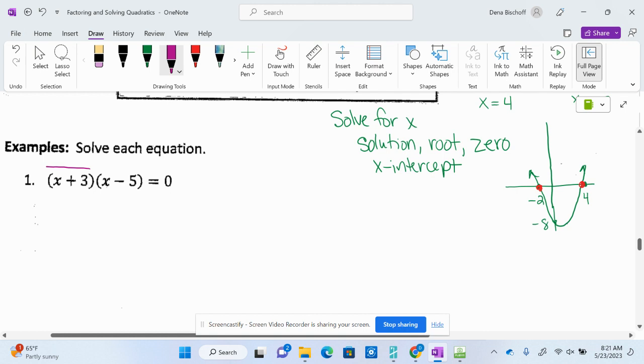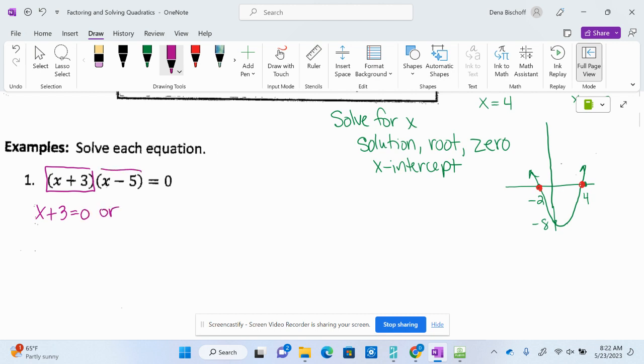So either this equals 0 or this equals 0. And we solve for x. So hopefully you notice that when we solve for x, you should be writing this down.